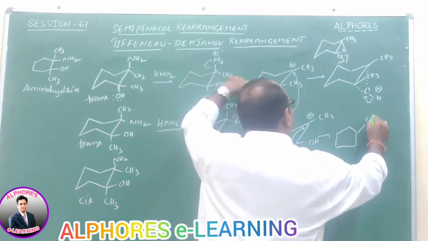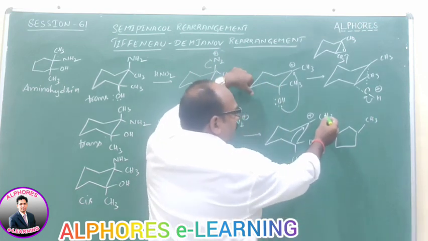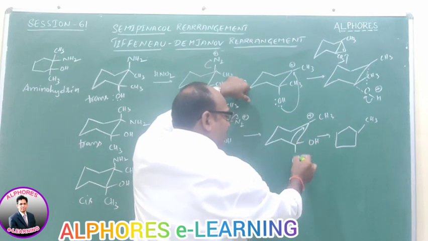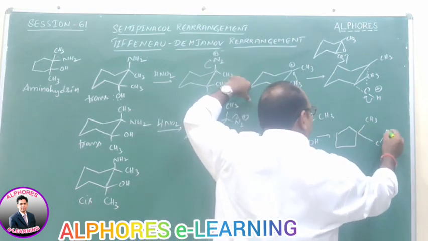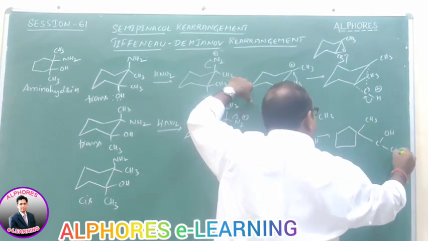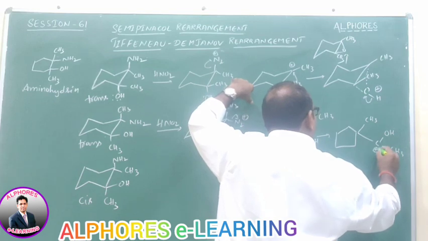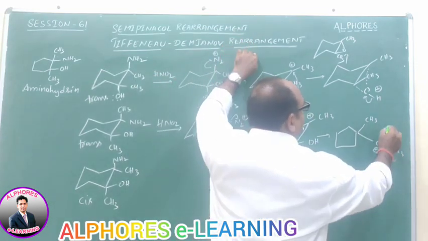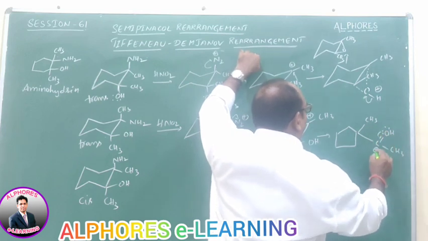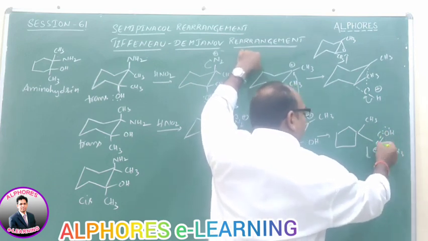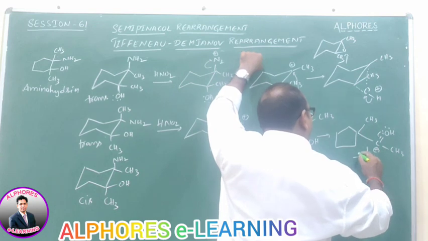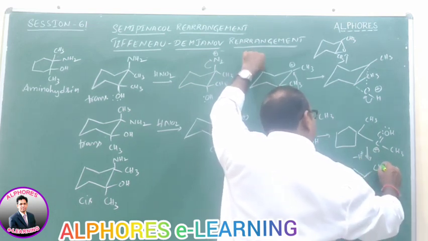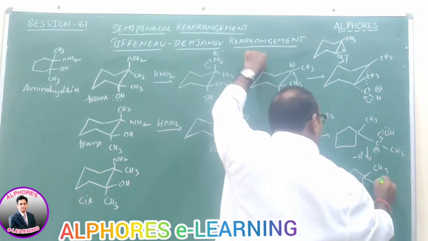One position is occupied by the methyl group, so this carbon consists of OH and CH3. Now the same carbon bears the positive charge. Further, oxygen donates an electron pair and forms C double bond OH plus. Further deprotonation takes place, and because of deprotonation we get a ketone.